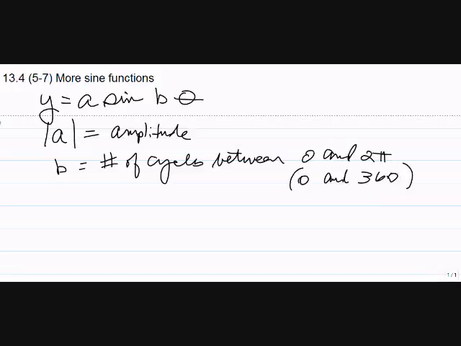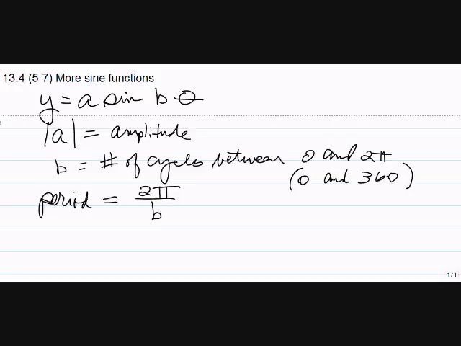Okay, so that B is kind of a little hard concept here to think about. We'll do it for a few days. I find it easier to think of it this way. If I want to find the period of my function, it is 2 pi divided by b. So that's going to help me more than number of cycles between 0 and 2 pi.